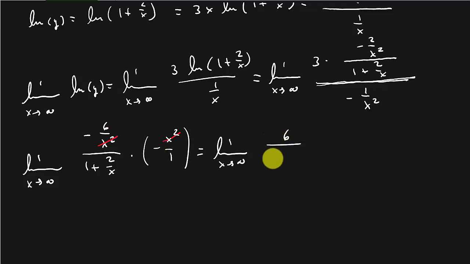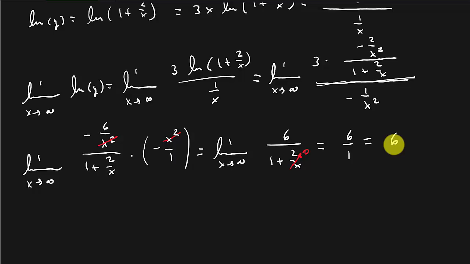So that's going to be 6 over 1 plus 2 over x. And then when we take this limit, as x goes to infinity, this term right here is going to go to 0. And so we're left with 6 over 1, which is 6.